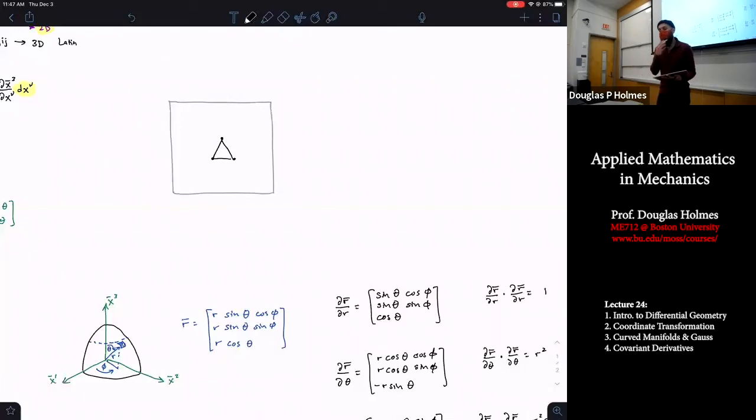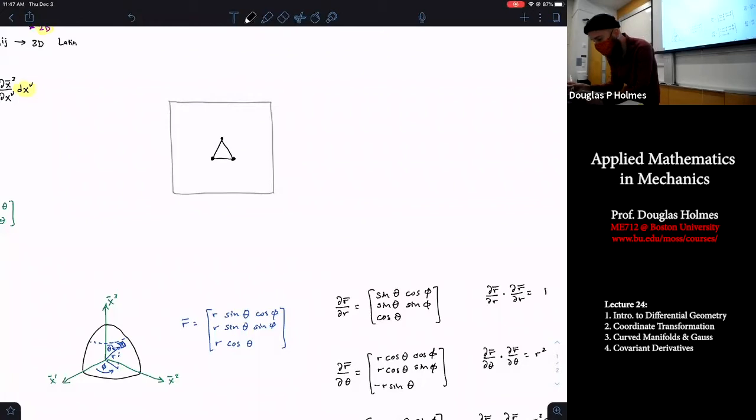And we know that all the angles of that triangle add up to, what is it now? Now I'm blanking on myself. Pi or 2 pi? Someone tell me. Pi. Thank you. All the angles in here add up to pi.